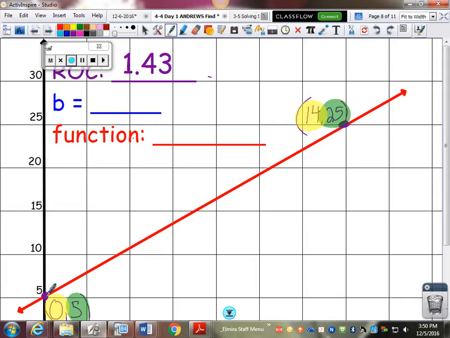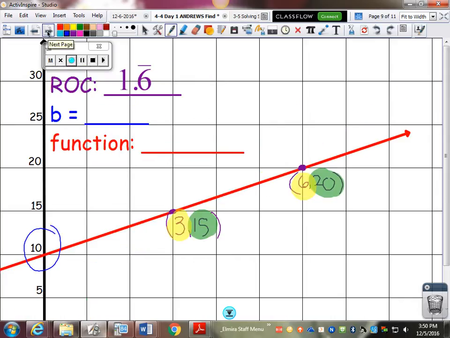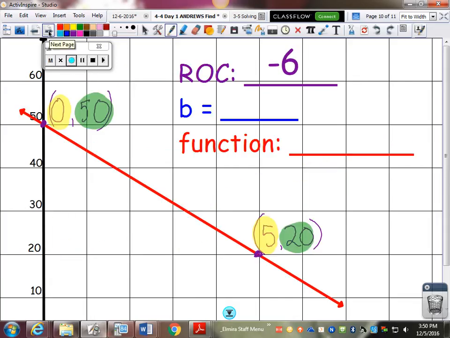Again, this line also crosses on the 5. My third graph, following the line down, it crosses the y-axis at 10. That's my y-intercept. And this last graph crosses at 50. So just look where the line crosses the y-axis.